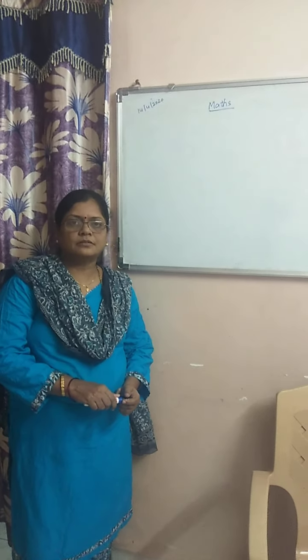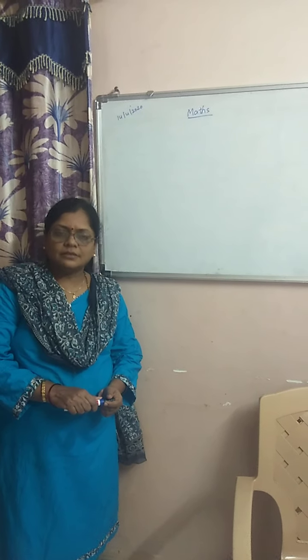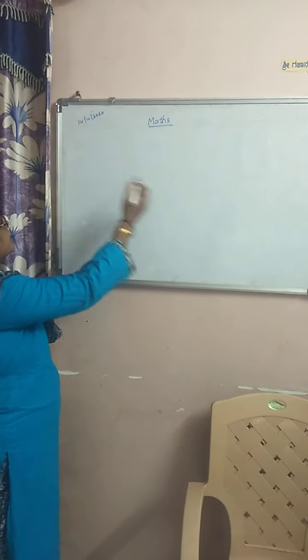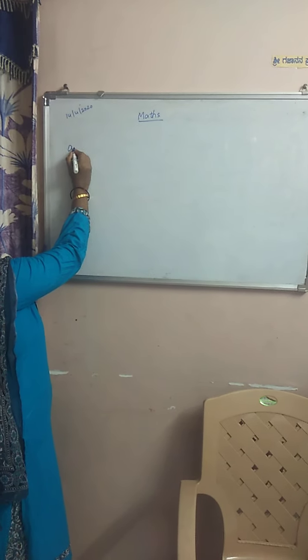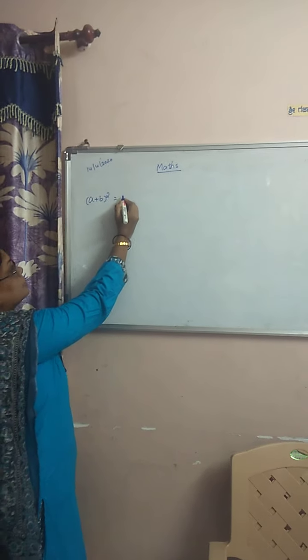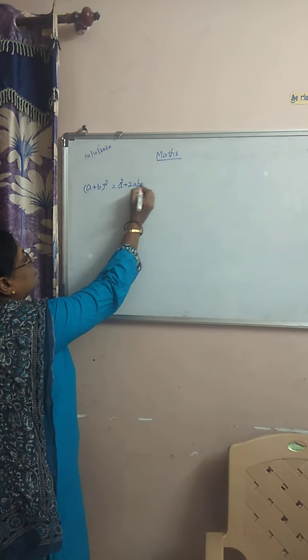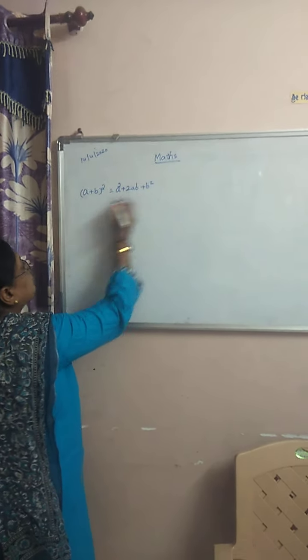First I will start with the basic mathematics. Then we will start with the basic identities like algebraic identities. (a plus b) whole square equals to what? a square plus 2ab plus b square.